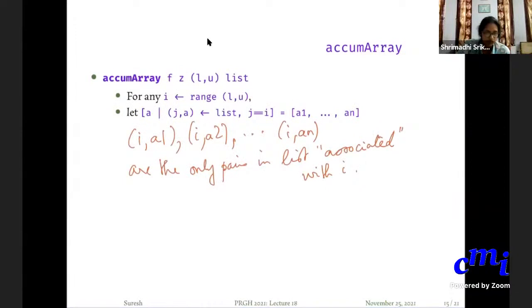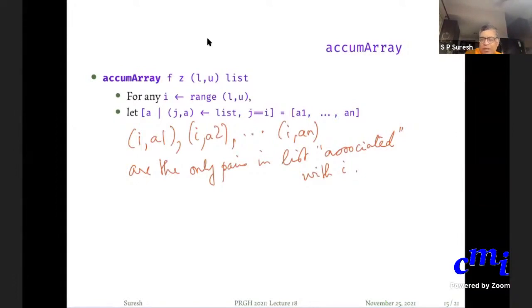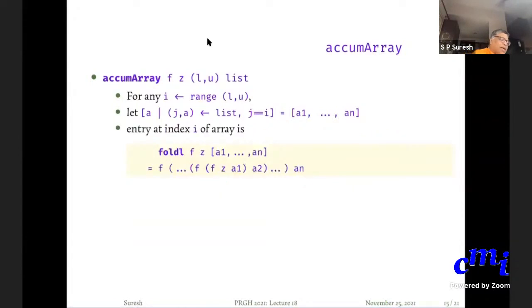Suppose this is what you have. Suppose for every I in range of LU, A1 dot dot dot AN is the set of all elements associated with I in your list. Then the entry of the array at index I is basically this: foldl F Z A1 dot dot AN.